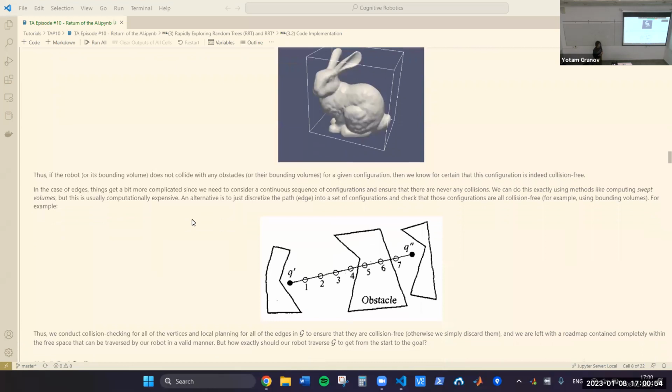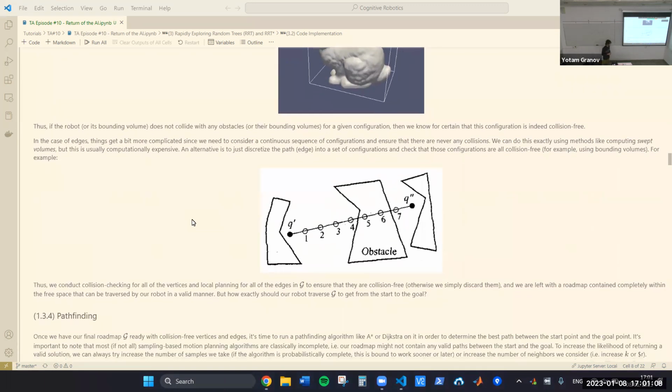So there are ways to get around that. There's an exact method called swept volume that solves this problem exactly, but it's quite computationally expensive. One way we can go around that is to discretize and calculate the configurations at a certain number of points.